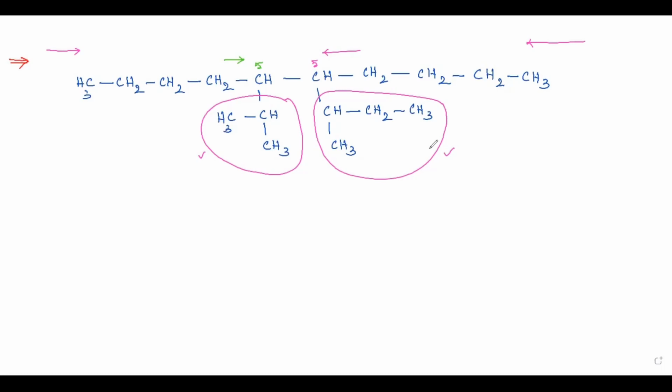When they have competition, you have to check the names, then go for alphabetical order of priority. Let me say that these are the groups of same seniority. When I say groups of same seniority, it indicates that they belong to the same family of organic compounds.